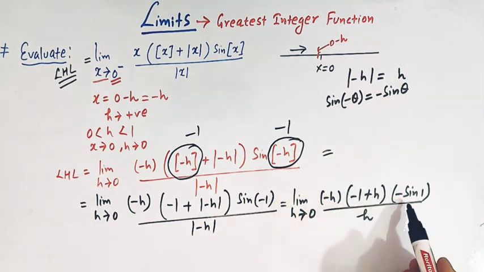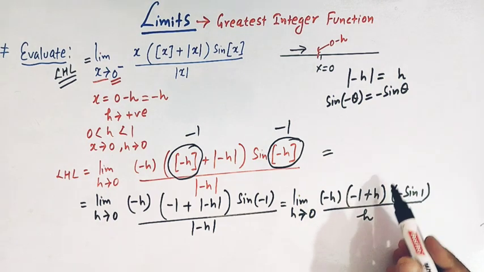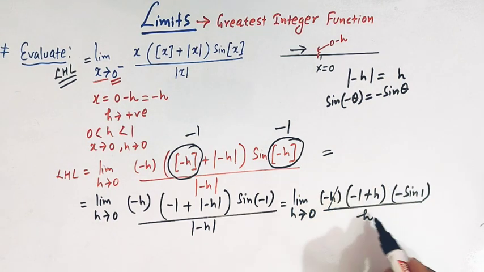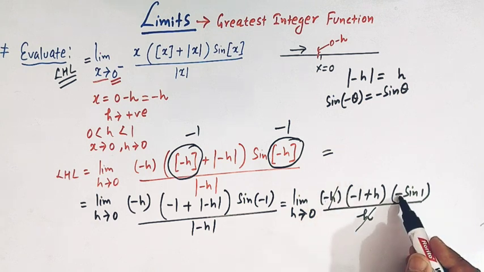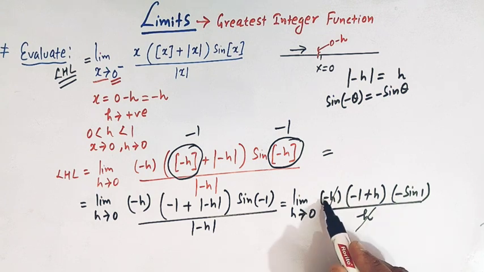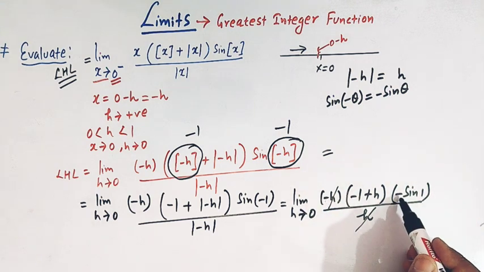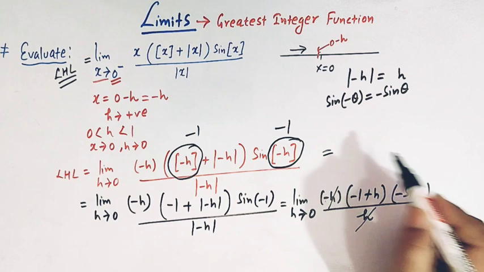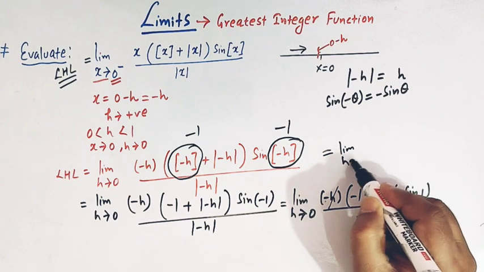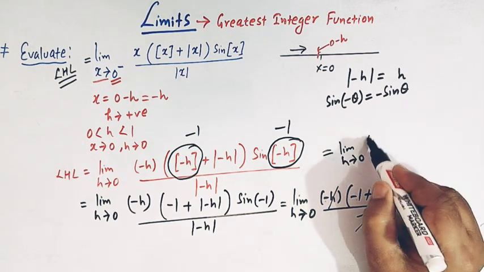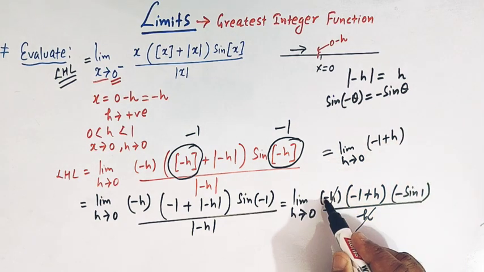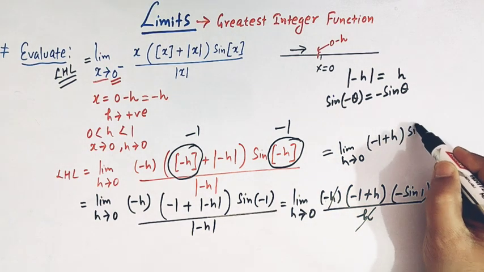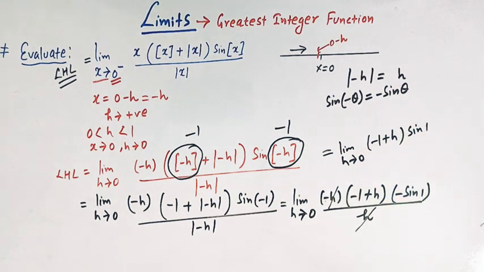So now we can simplify this expression. Now this h and this h get cancelled, and here we have a minus sign, here also we have a minus sign. So these two minus signs get multiplied and we get a positive sign, right? So now we have limit h tends to 0, and here we have minus 1 plus h, and minus becomes plus, so we have here simply sine of 1, right?